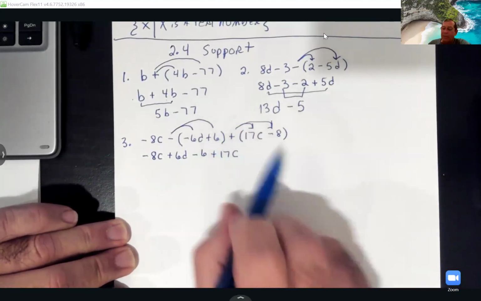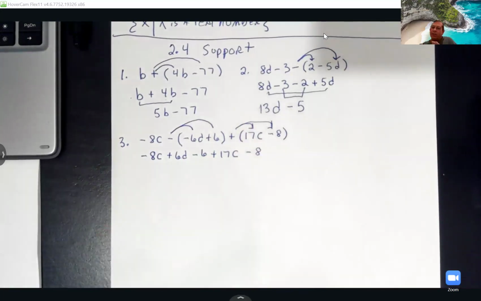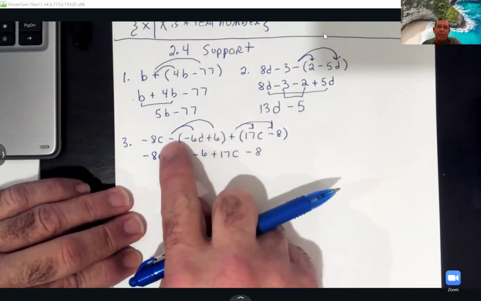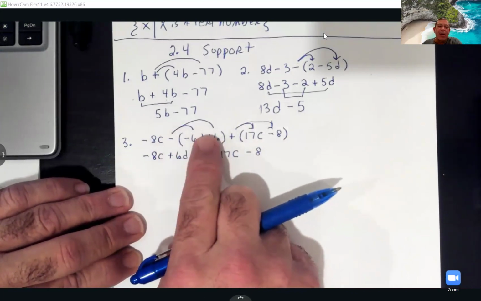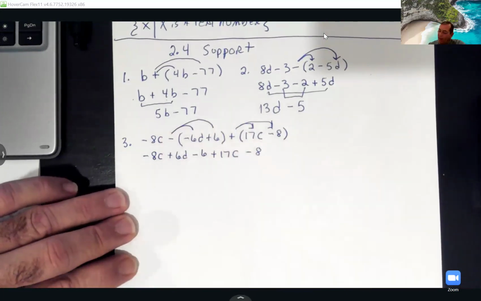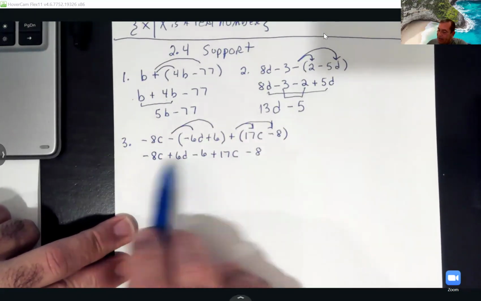And then the 1 times -8 makes that a -8. So you got to be careful on these as to what signs are in front of them, because negatives have the power to change the signs when they come out, okay? Ooh, I got stuff everywhere, so let's see. Well, we can add the c's together.